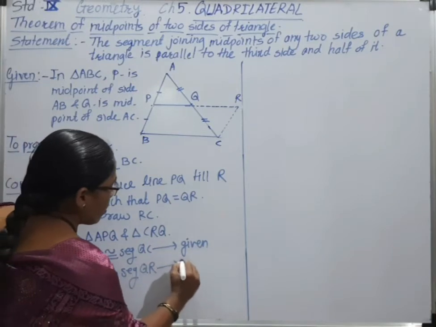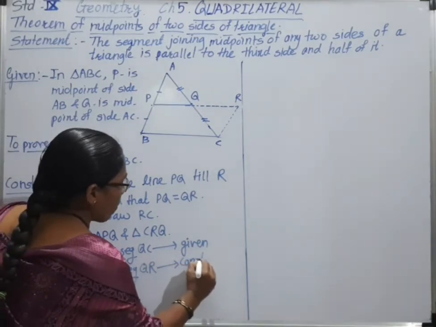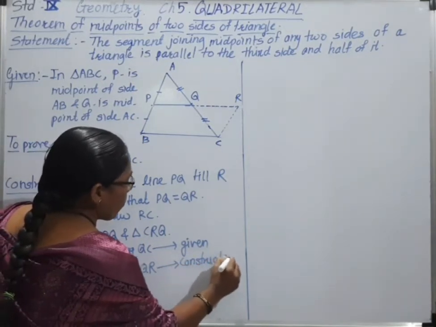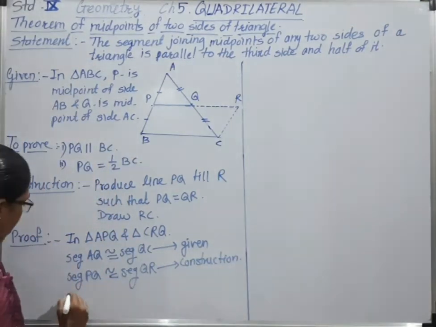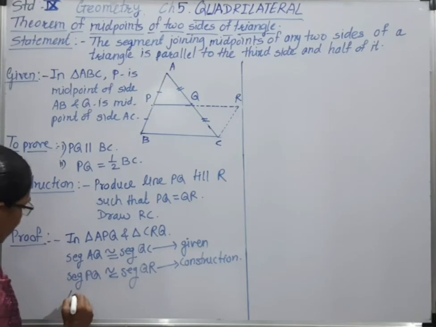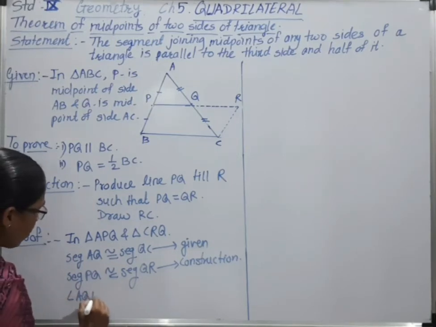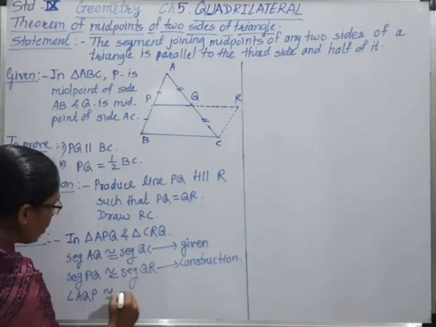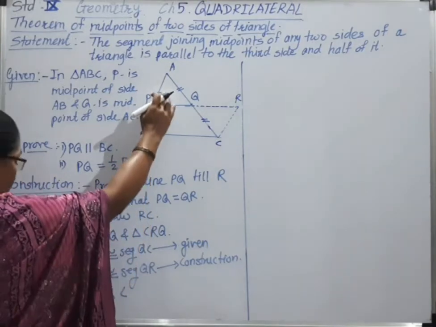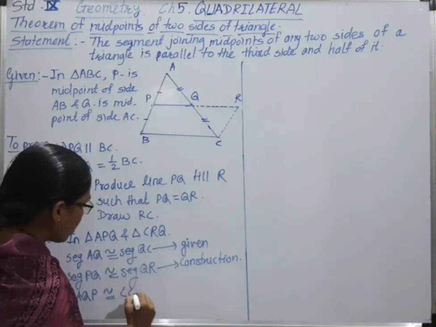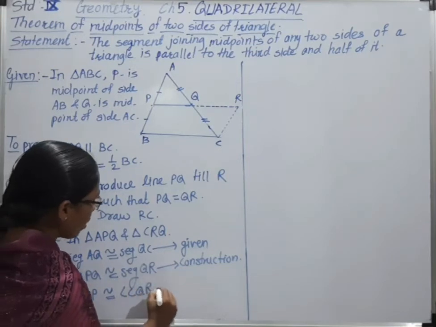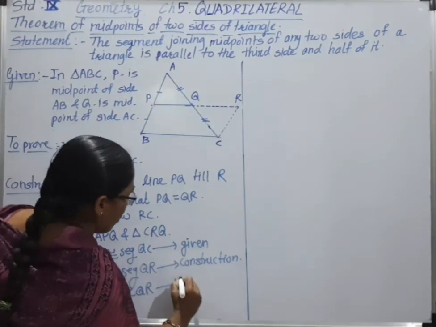That is the construction. And angle AQP is congruent to angle CQR, that is vertically opposite.